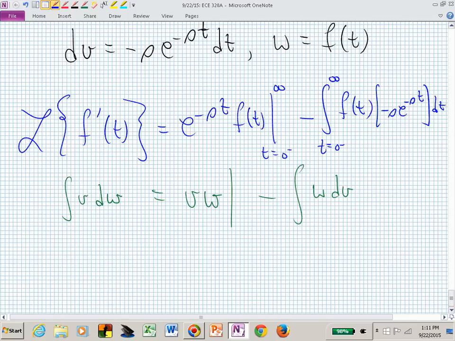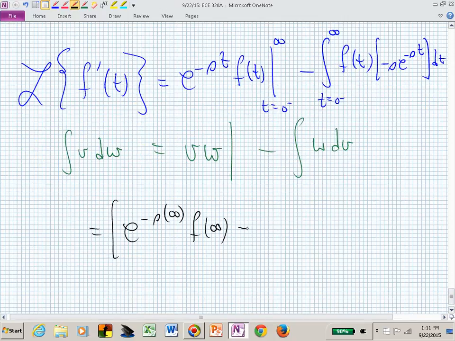And now we simply have to evaluate that right-hand side. Let's look at the first piece. That's e to the minus s at infinity, f of infinity. And we're assuming that f is well behaved at infinity, which means it's bounded, minus e to the minus s0, f of, well, maybe I should plug in the actual t at 0 minus.